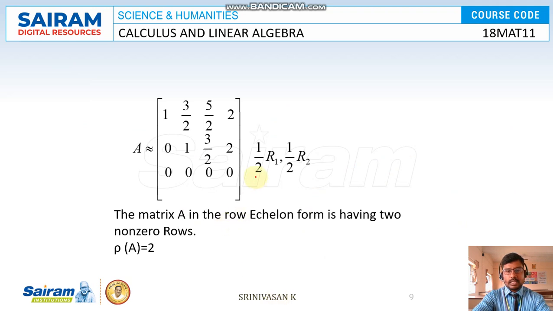Here, see 1 by 2 into R1 and 1 by 2 into R2. So in the second row the first column is 0, and in the third row the first two columns are 0, and the first non-zero entry of each non-zero row is 1. Here, if you have any number, you definitely have to make it 1. So this is the condition.